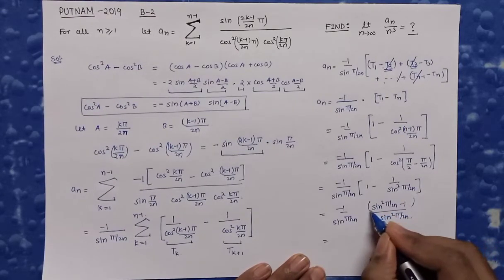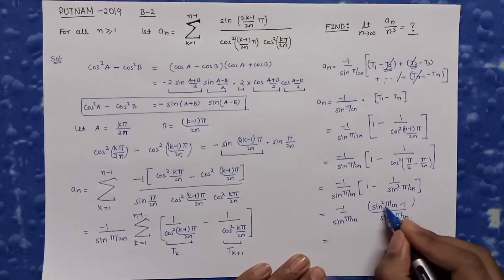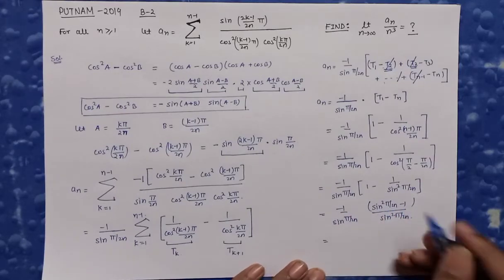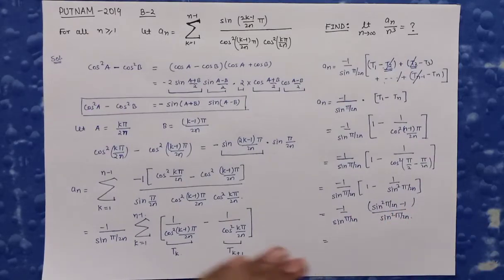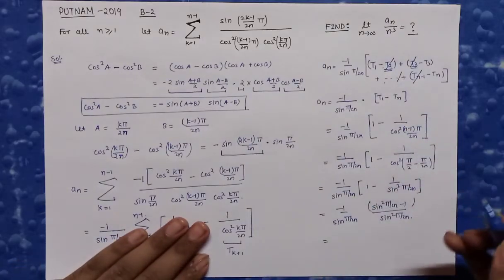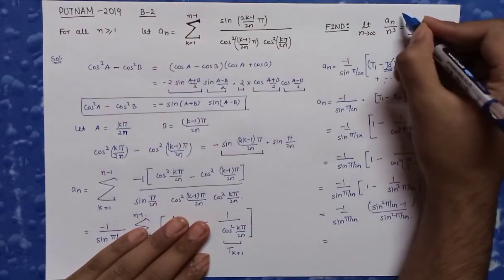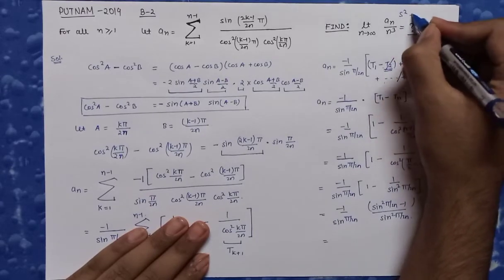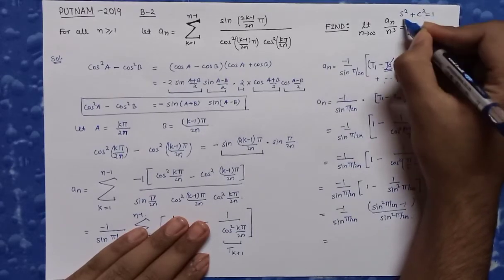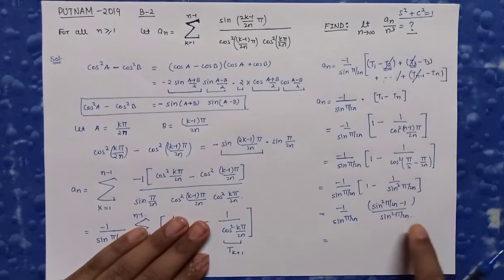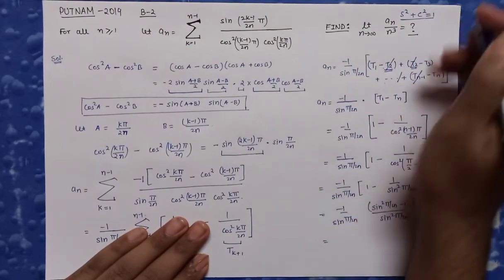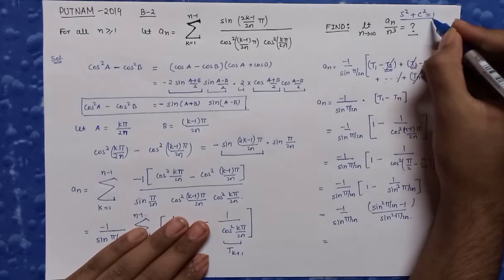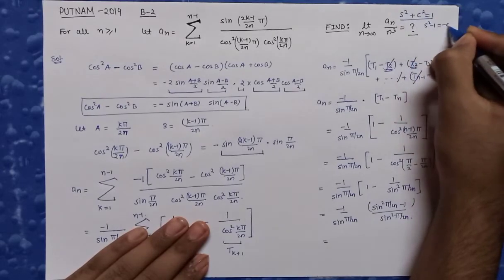In the next step, I am writing sine square as s square and cos square as c square. We know that s square plus c square equals to 1. So if I write s square minus 1, then I will get s square minus 1 equals to minus c square.